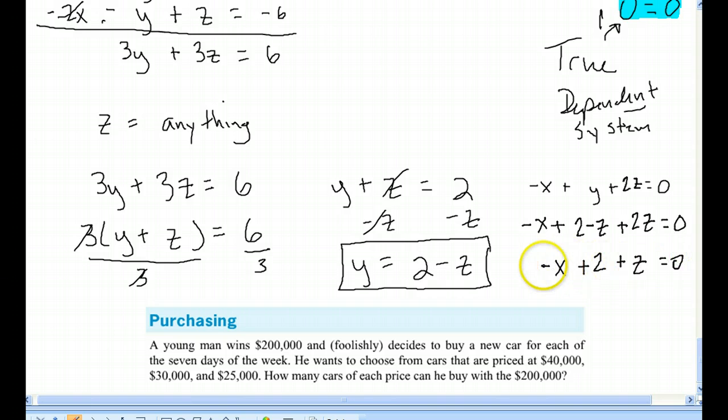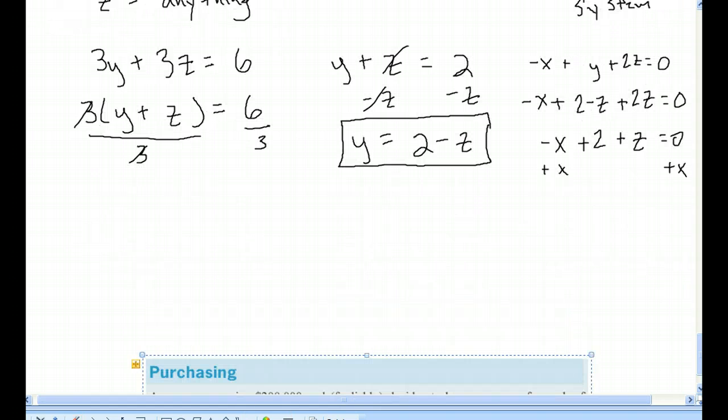Alright, and remember, I'm trying to isolate x, so I'm going to subtract 2 from both sides. Alright, so on this side, the 2's cancel. I've got x equals z plus 2.